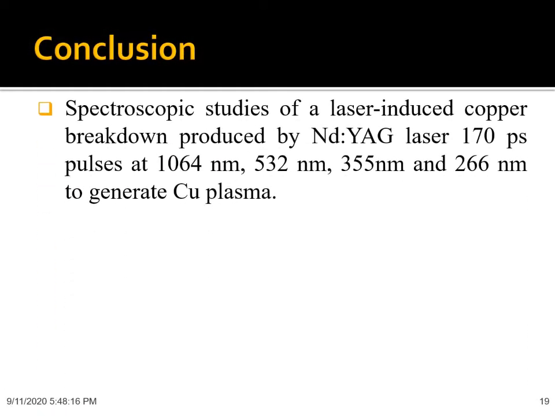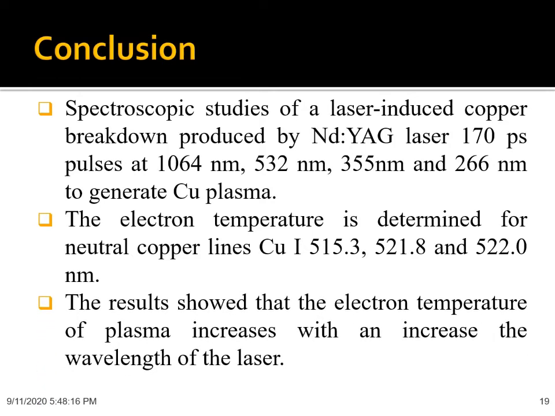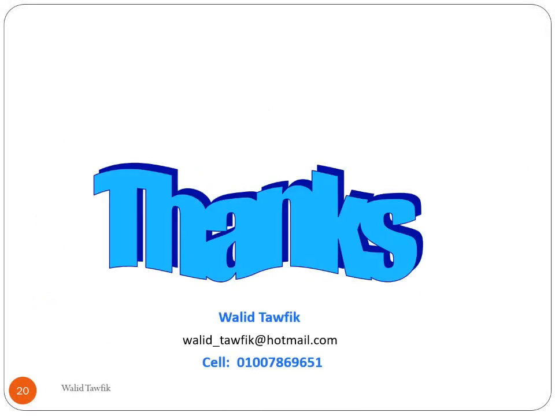From this we can conclude that in the spectroscopic studies using an ultrafast neodymium laser at 4 wavelengths to generate copper plasma, the temperature is determined for the 3 different lines, 515, 521, and 522 nanometer, and the results show that the electron temperature of the plasma increases with the increase of the laser wavelength. Thanks.